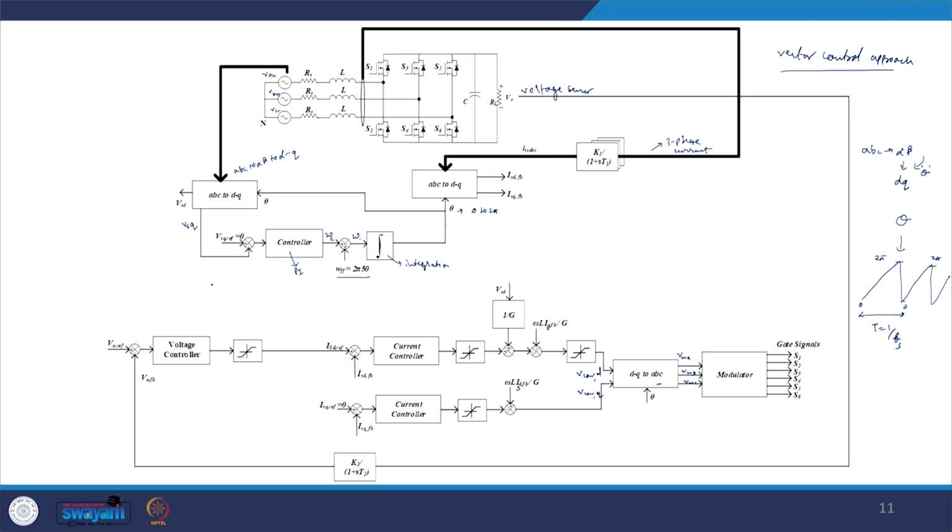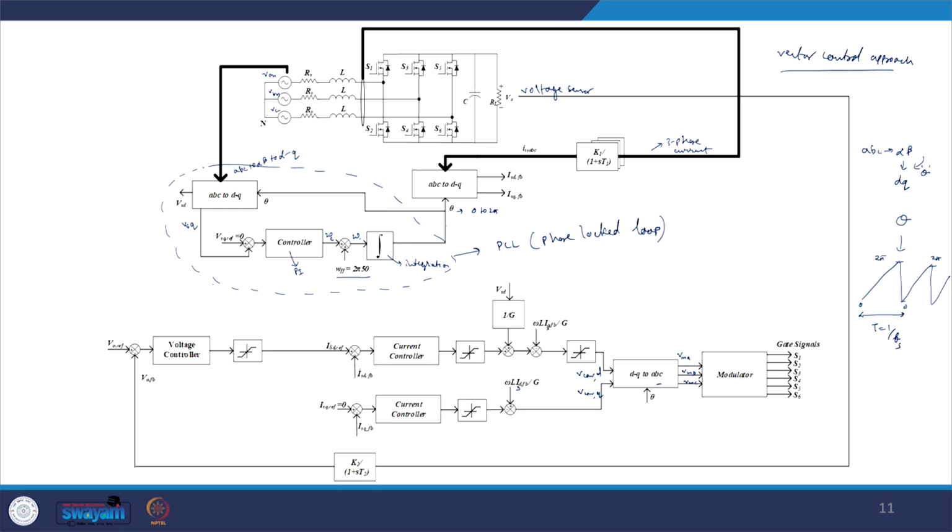Now this particular part, from here to the generation of theta, is nothing but called the PLL, phase locked loop. We are ensuring that the D and Q axes get rotated and locked with the voltage space vector, which itself is rotating in space with angular speed same as the speed with which the voltage varies with respect to time, that is, angular speed omega corresponding to the line frequency.